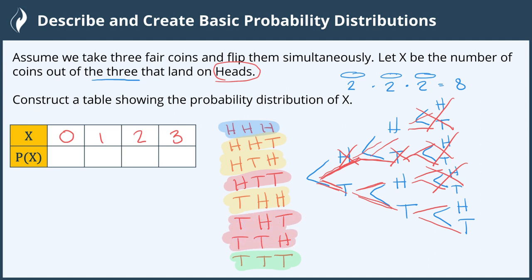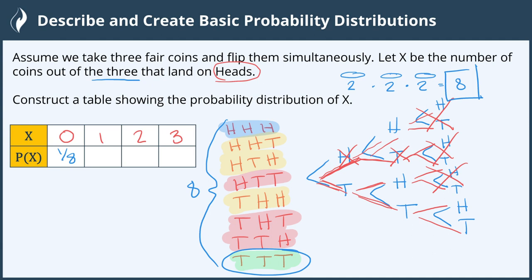So let's fill in the rest of our probability distribution. The probability of having no heads occurs here, and we know that we have 8 different combinations. We could also count these as well, which are 8 different combinations. So we have 1 time out of the 8, or 1 out of 8, for 0 heads.